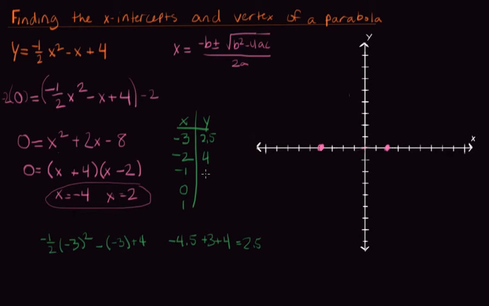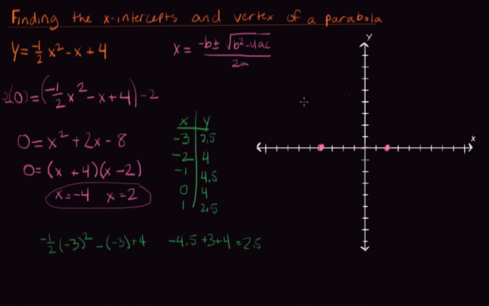And then if I plug in negative 1, this should be negative 1/2 plus 1 plus 4. So that should be 4.5. If I plug in 0, I should get 4, because these are both going to be 0. And then if I plug in 1, I should get 1 times negative 1/2, which is negative 1/2, minus 1, so that's negative 1.5 plus 4, so that should be 2.5.